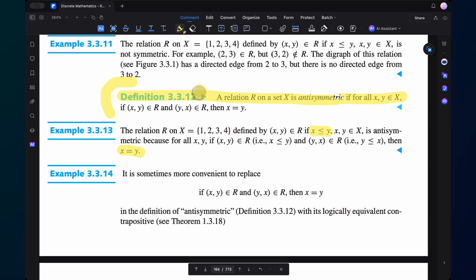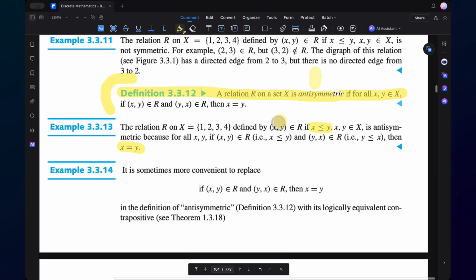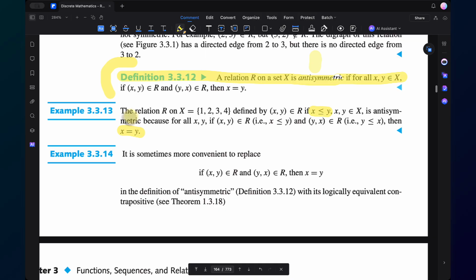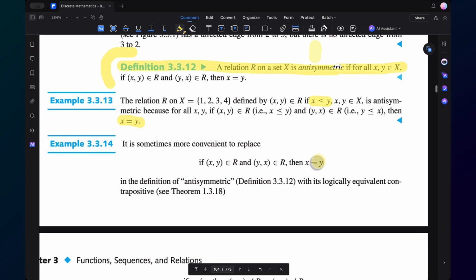That's a very strange kind of condition it looks like at first, but this turns out to be a critical definition. Right? Let's look at this example. The relation R on X = {1, 2, 3, 4} defined by (x, y) is in R if x is less than or equal to y. Okay, let's take a look at that one.